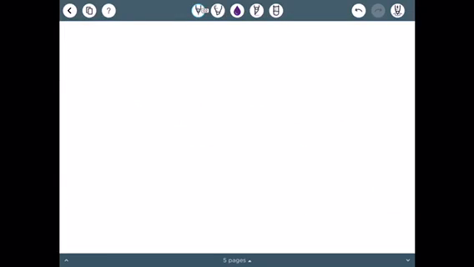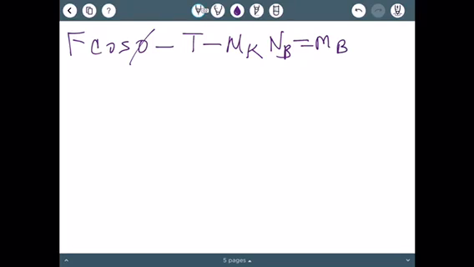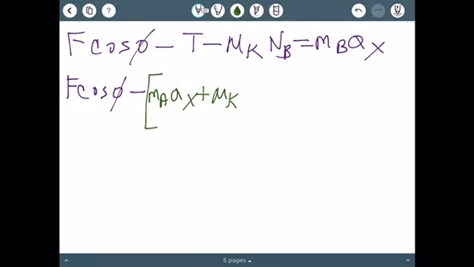We'll rewrite equation 3. And then we'll substitute for the tension and the normal force of B the expressions we found before. So write down what we had for tension from equation 1, and then write down what we had for the normal force B from equation 2.